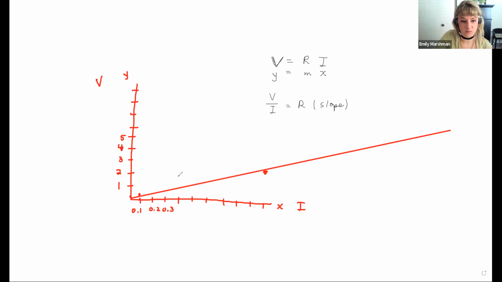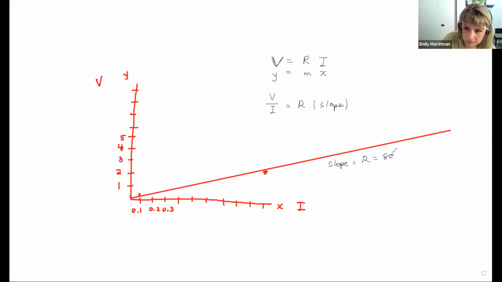So if you take the slope of this line, once you plotted your data points, you should get the resistance to be 800 ohms. Because that's what your first set of data points was. For 800 ohms, you plotted the voltage and the current. So for this one, it should be 800.